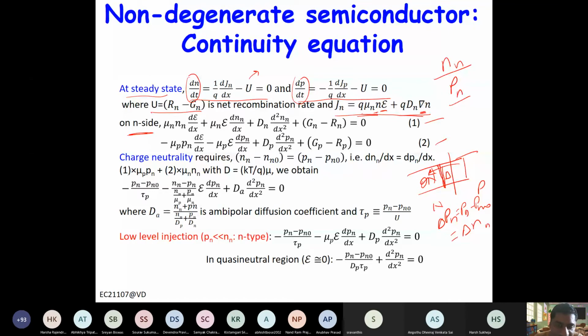Correct. So it is not that only the hole concentration is increasing on the n side. The electron concentration is also increasing on the n side to maintain charge neutrality.